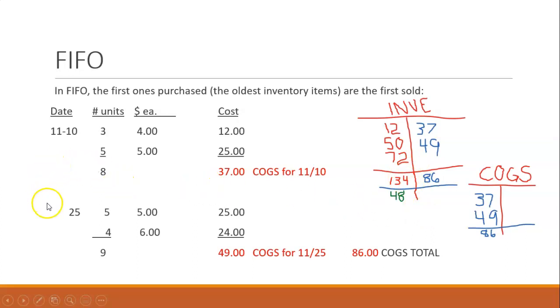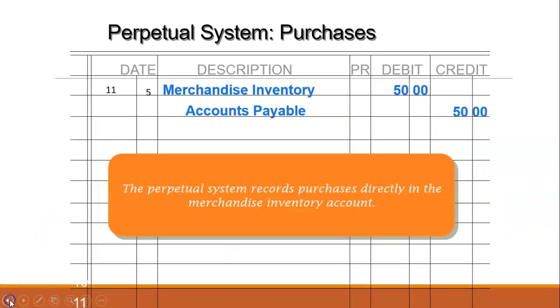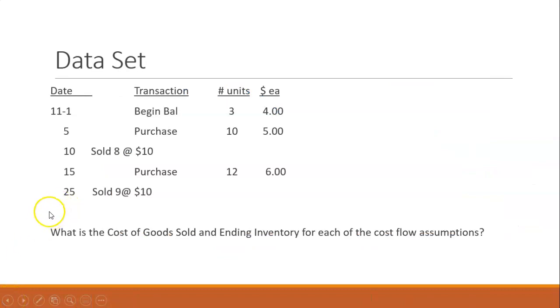All right, so we sold inventory also on the 25th. We sold 9 units on the 25th. And we sold them to the customer for $10 a piece still. And FIFO says we have to go back to the oldest units. So I need to account for 9 units. What is the cost of 9 units? These 3, we already used them up.